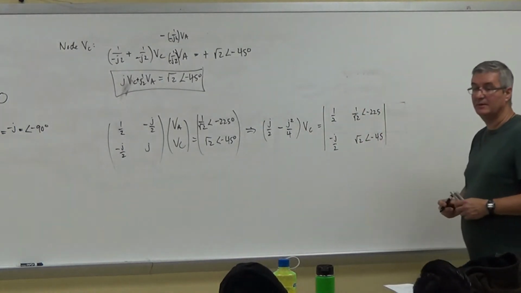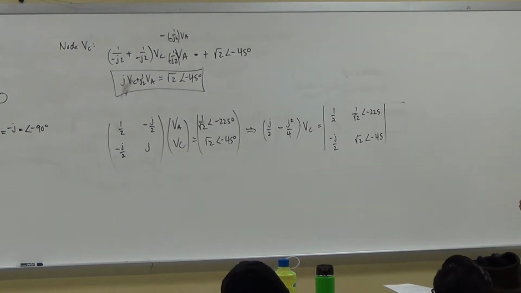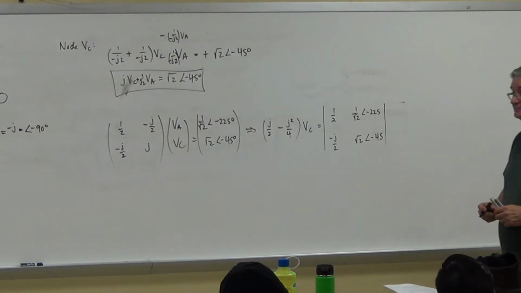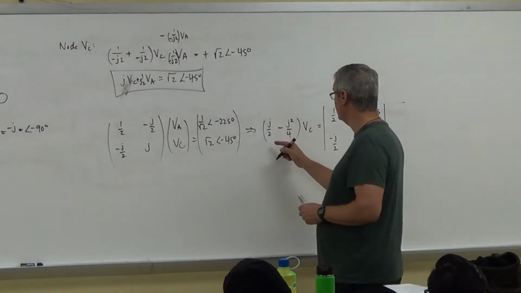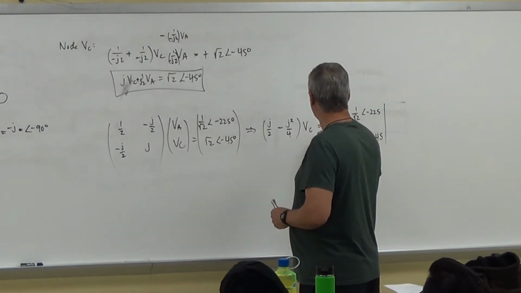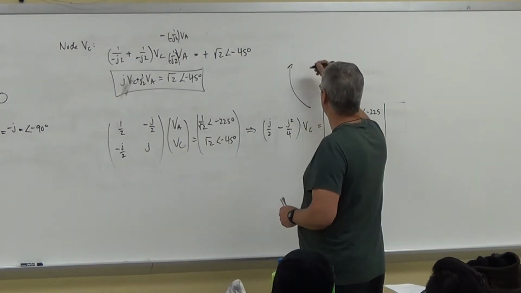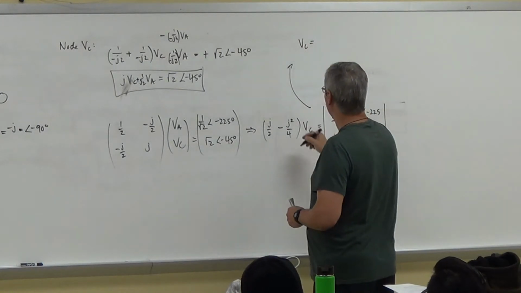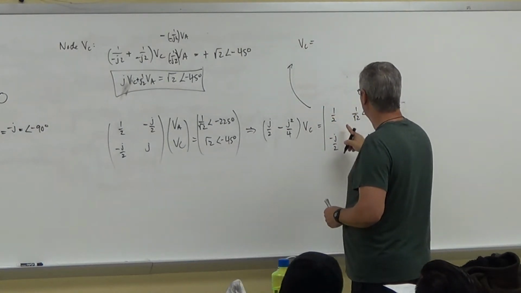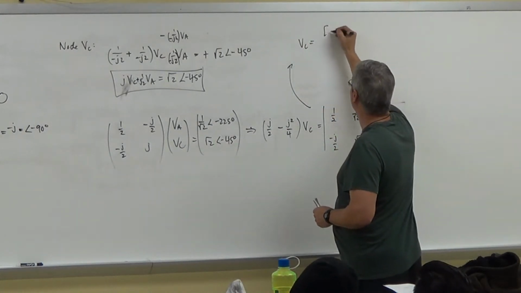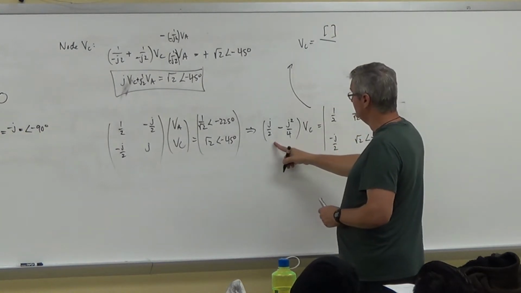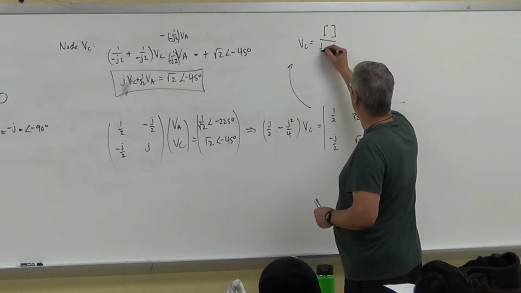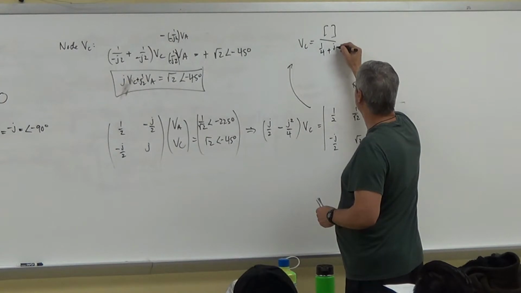So I get that determinant. But if I clean this up on this side, I can see that VC is going to be this determinant divided by this, which will give me 1/4 plus j over 2.